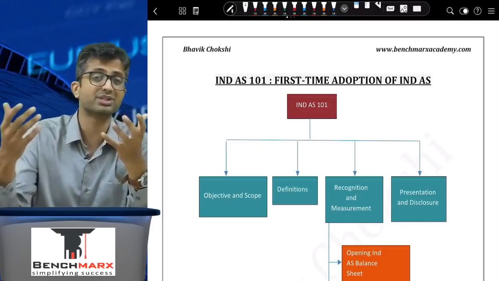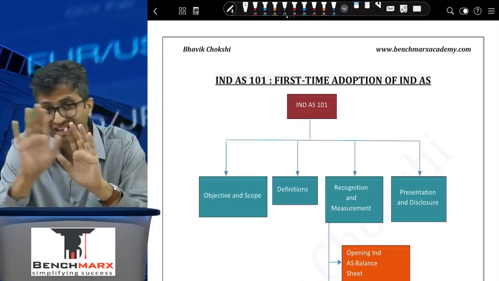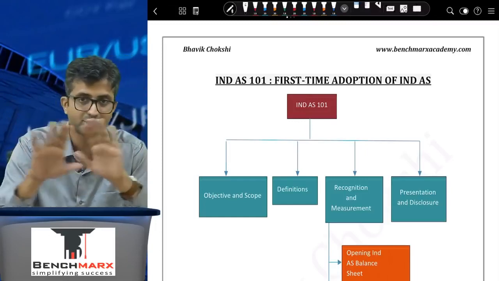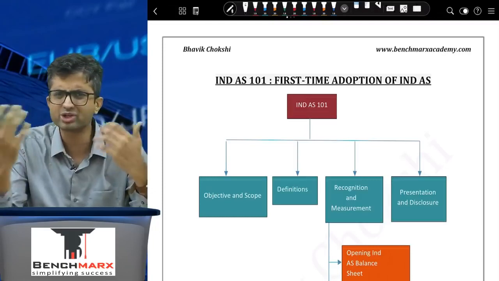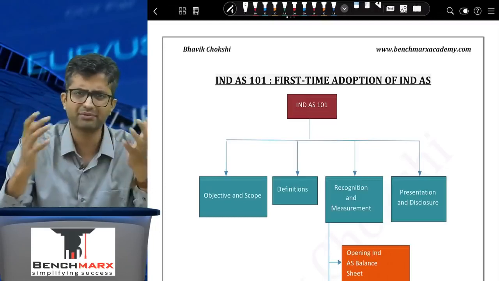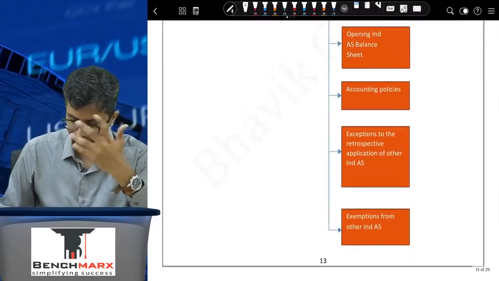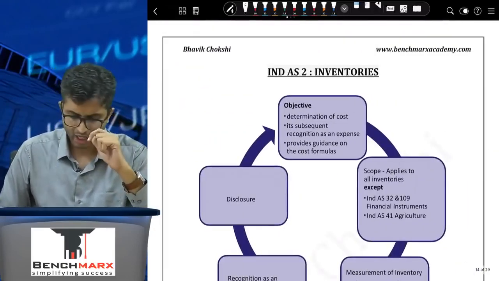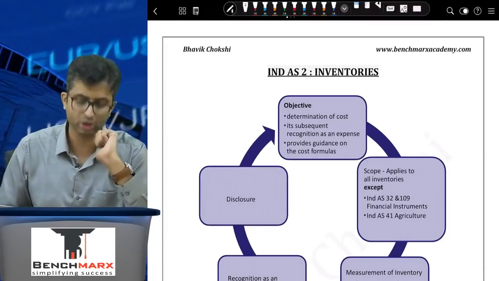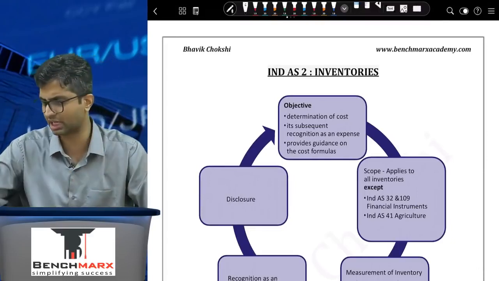In case of ESOPs which have vested, you can either follow the previous GAAP workings or you can follow the fair value. For unvested options, you don't have that choice. And so on. There are various items over here. Financial instruments, there are various items over here. So this is on Ind AS 101. Then you go to so this takes care of your entire module 1. Now we go to module number 2, which is the asset linked standards part.